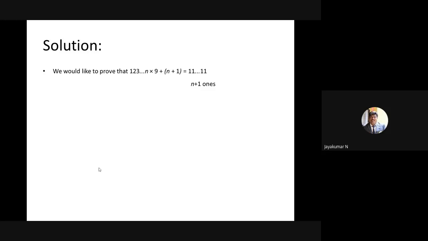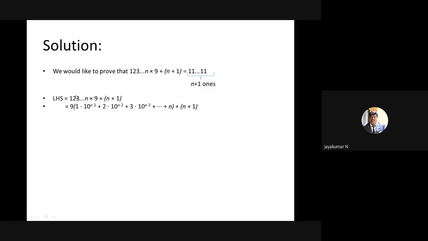We would like to prove that 1 2 3 up to n, into 9 plus n plus 1, is equal to n plus 1 ones. On the LHS I start with this n digit number 1 2 3 up to n, into 9 plus n plus 1. I can keep this 9 as the first number, then open the bracket. How do you represent this n digit number?